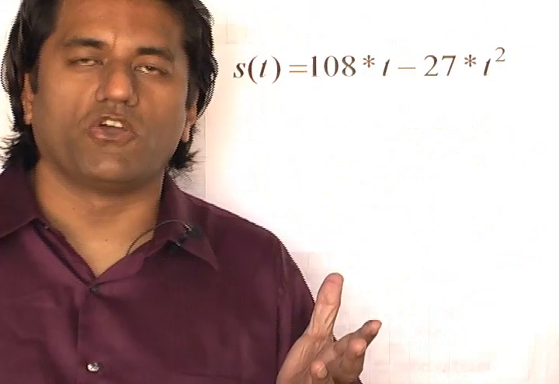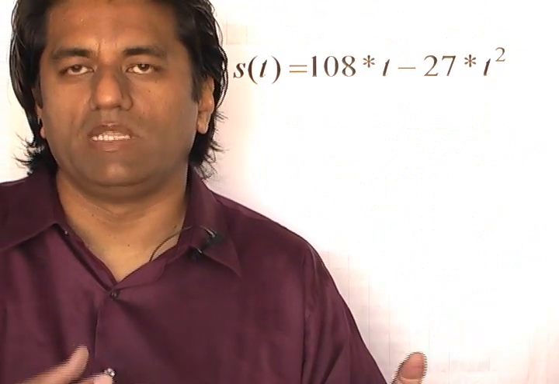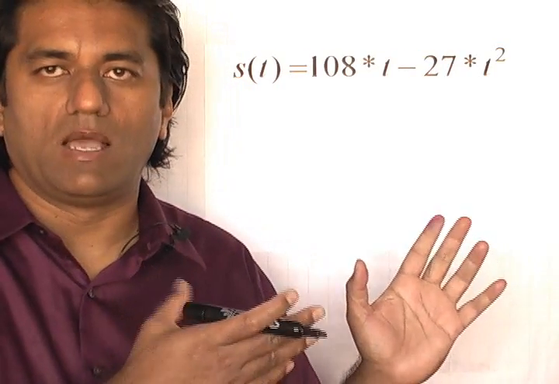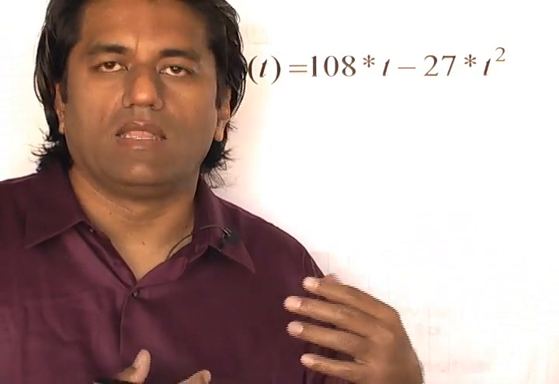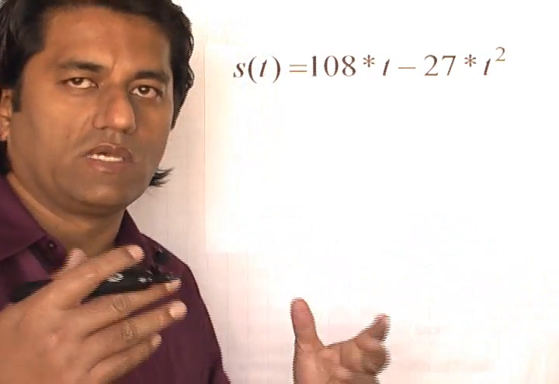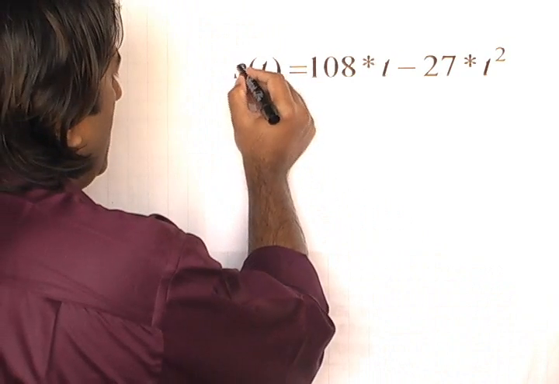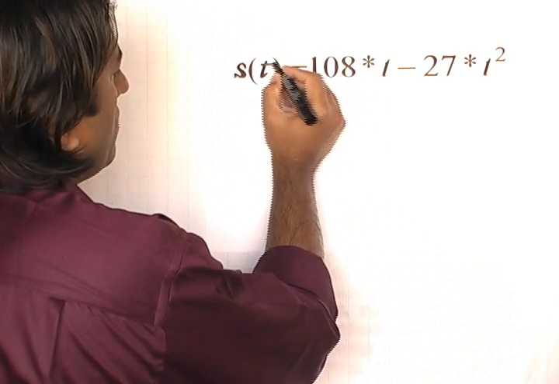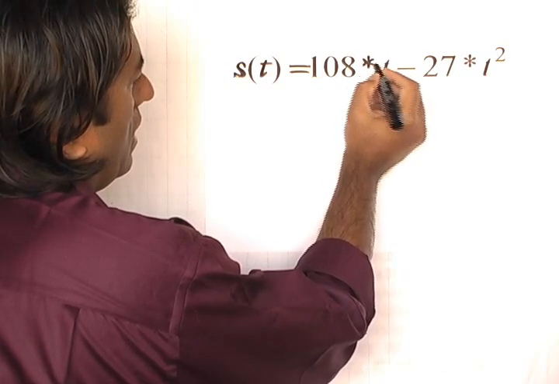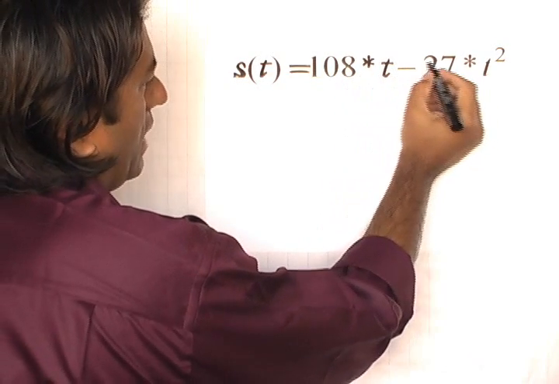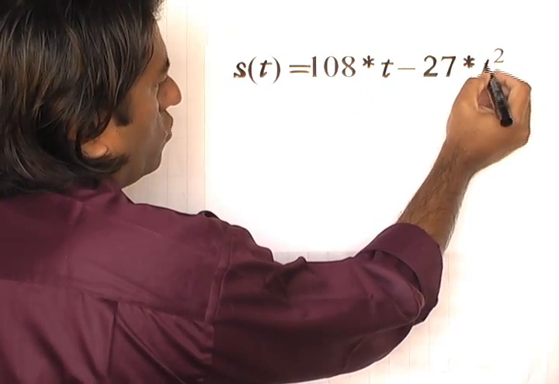So now I'm going to show you how to apply the criteria for finding a maxima or a minima to an actual equation or actual function that we have already encountered. The function that we encountered was the one you gave me for speed, and you said that speed s(t) equaled 108 into time t minus 27 into t squared.